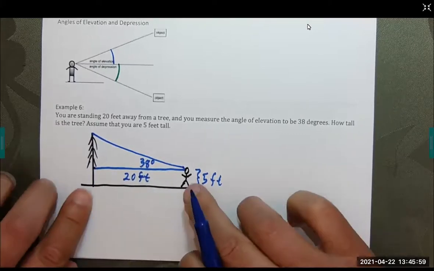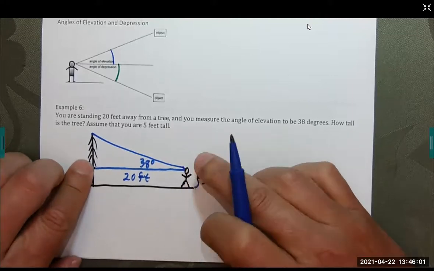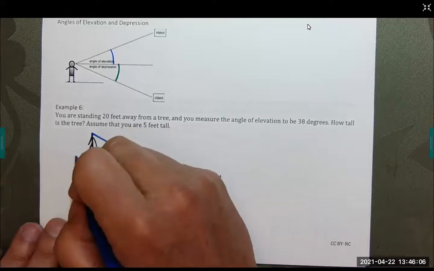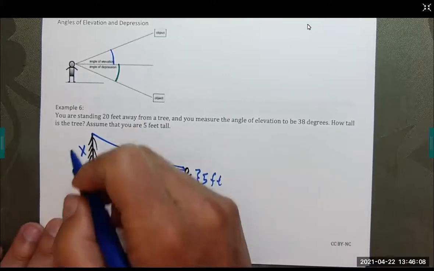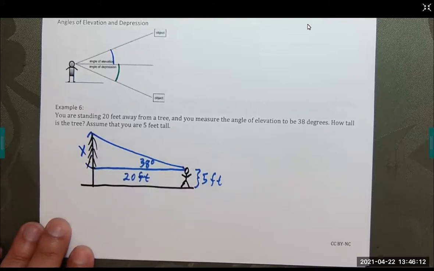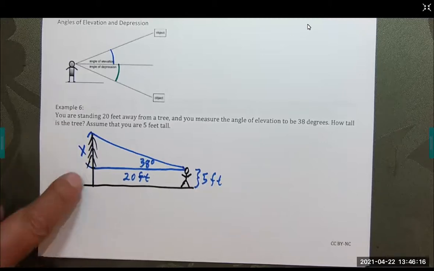Now that's the ground or your head, right? That's going to be the same distance, doesn't matter. And I'm going to label this X. Now, X only refers to from here to here. So my final answer isn't going to be X, it's going to be X plus 5, right? Because I got to add the height as part of that. So down here is 5 feet.